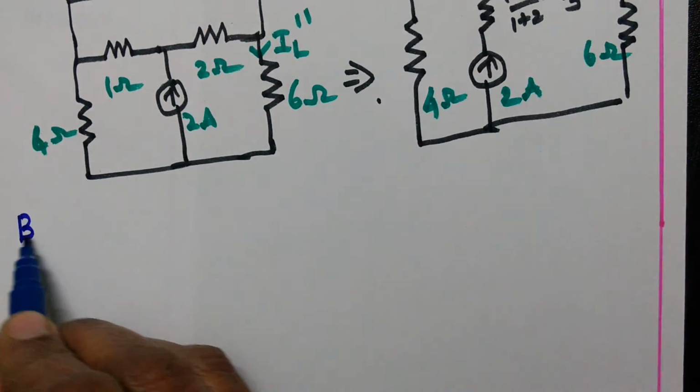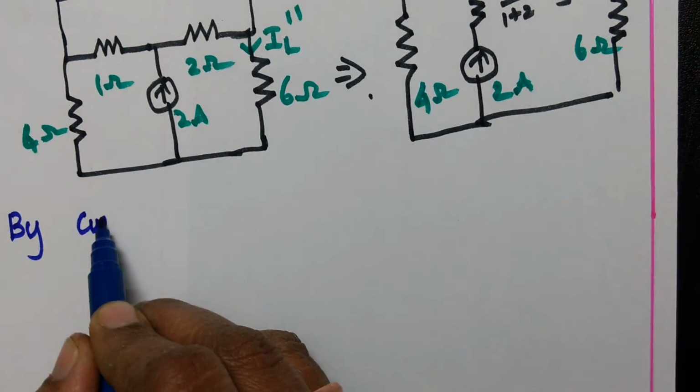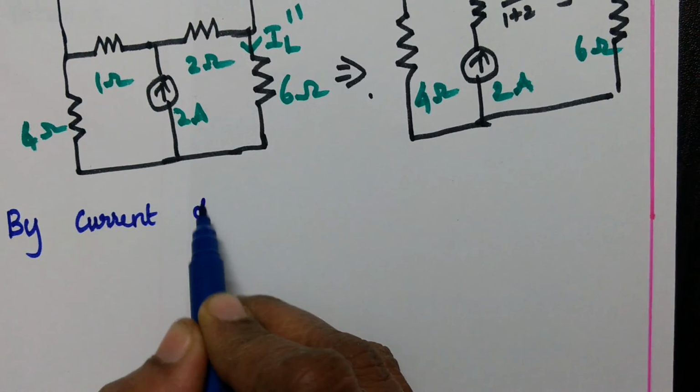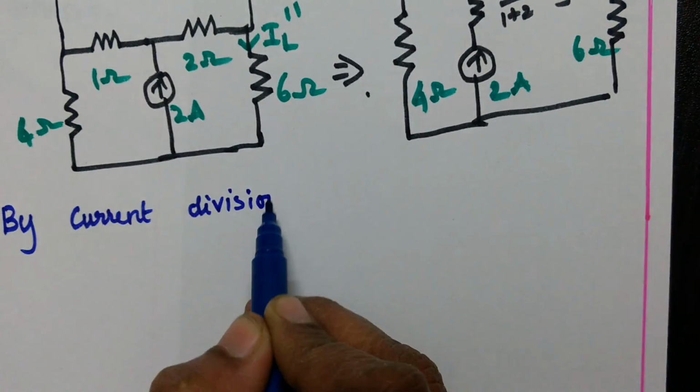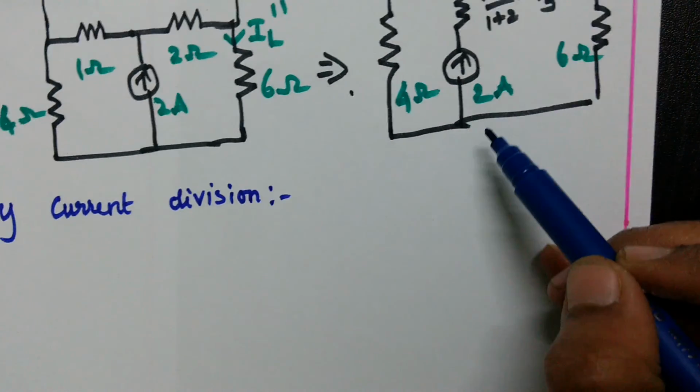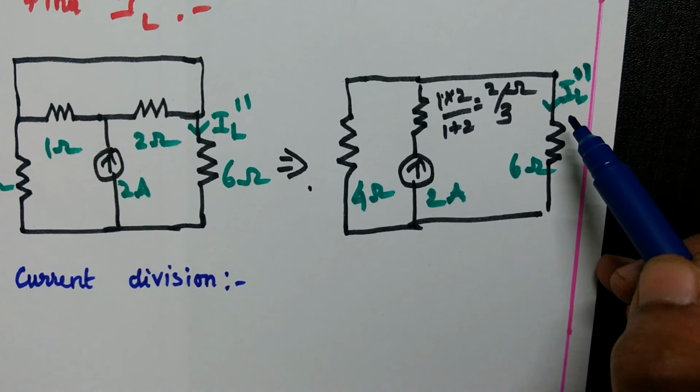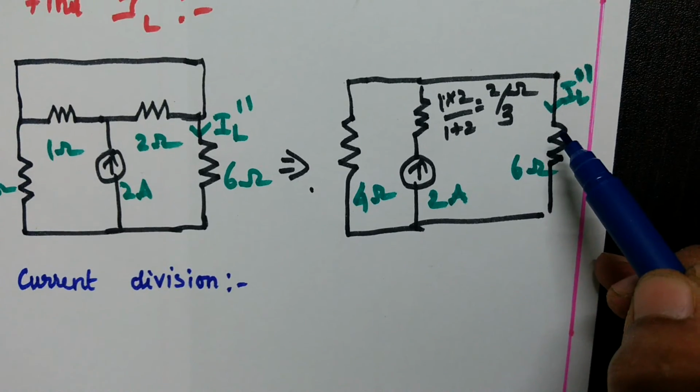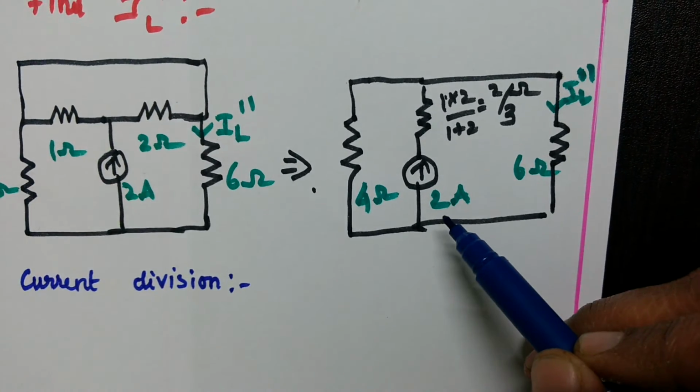By the current division rule, what is the current division method? It is a branch current and a total current. So the branch current is IL double dash, which we have to find, and 2 amps is the total current.